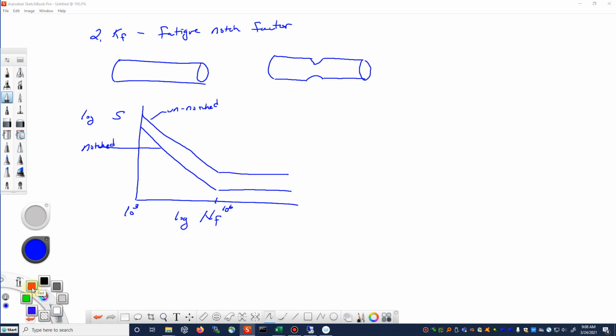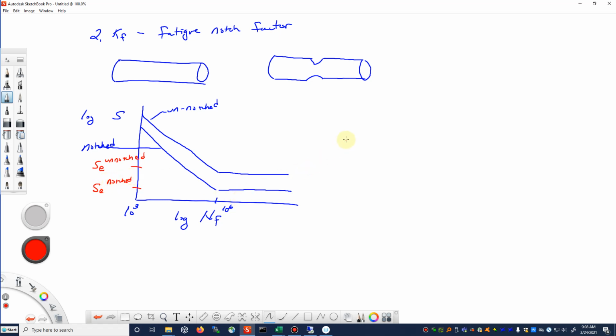And so we have an endurance limit for the unnotched bar, and we have an endurance limit for the notched bar.